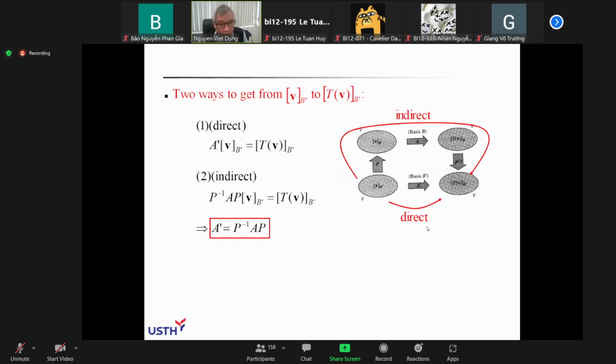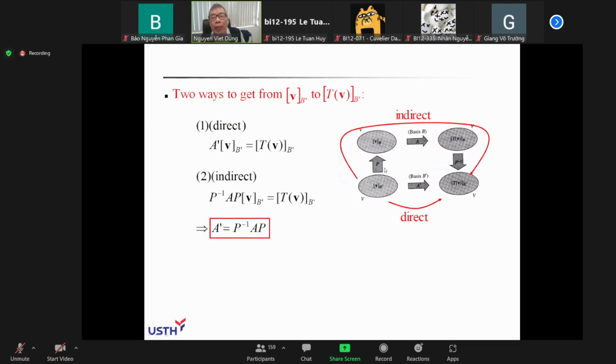And how can we get it? That is because if we go from here to there, we have two ways to go. The first one, you go the direct way. The direct way means we send the coordinate of V relative to the basis B prime to the coordinate column of TV relative to the basis B prime.